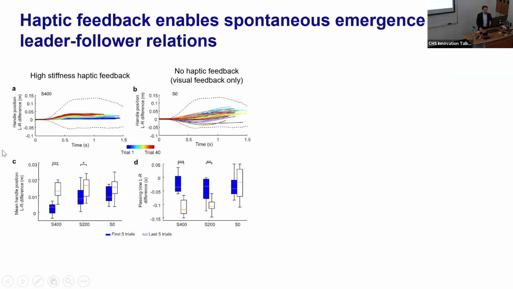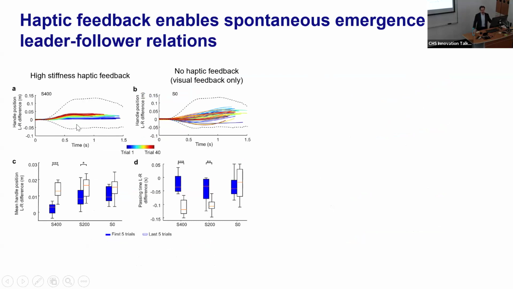The other thing that we did was to model whether us giving this asymmetrical context forced the subjects to act the way they did, meaning that one tends to lead and one tends to follow, as we'll see in a moment. The dotted line here indicates the space of feasible solutions, meaning that the left hand could be here relative to the right, or here.